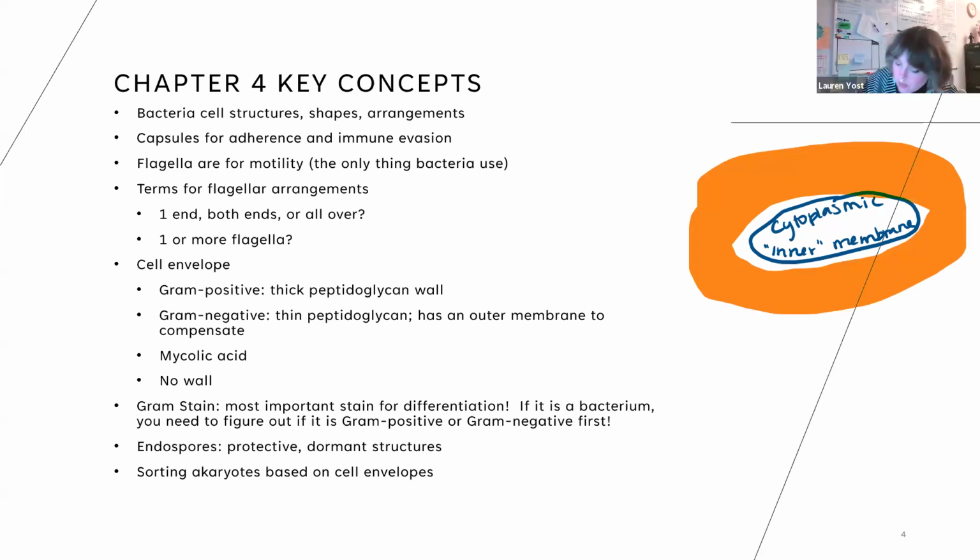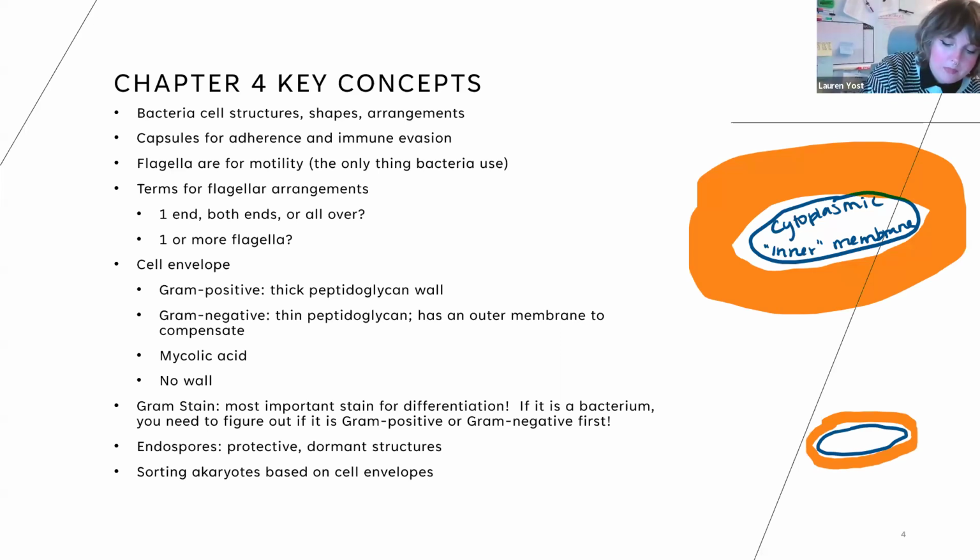Some of our cells have an inner membrane and a thin cell wall. So this is our cell wall. It's made of something called peptidoglycan.